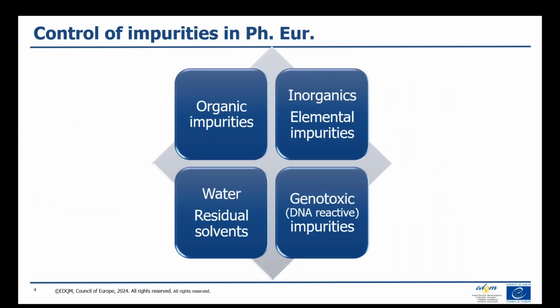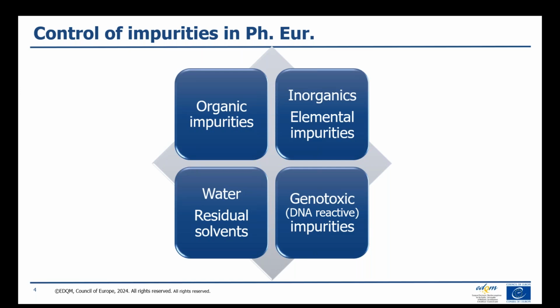First of all, I just wanted to highlight the different kind of impurities which are controlled in the European Pharmacopoeia. The vast majority of the impurity control are organic impurities. And then we also control in all individual monographs the water content and the residual solvents.